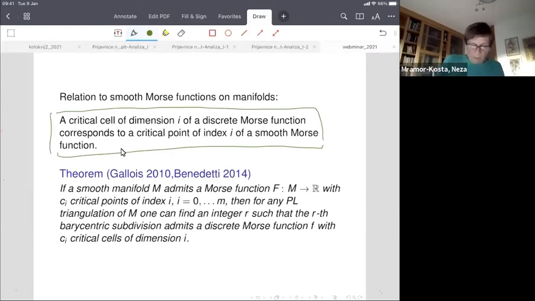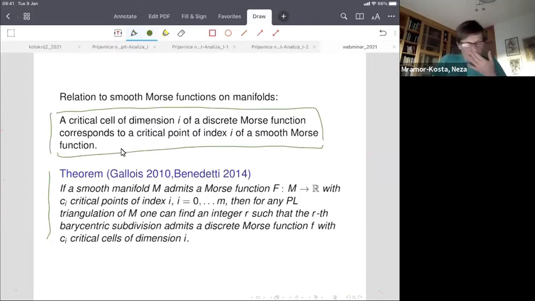So we have this more specific connection between smooth and discrete Morse theory. This is a theorem which was originally proved by Gallais in a somewhat narrower context, and then there was a small mistake in the proof, so Benedetti fixed the proof and proved the theorem, which is stated here now.